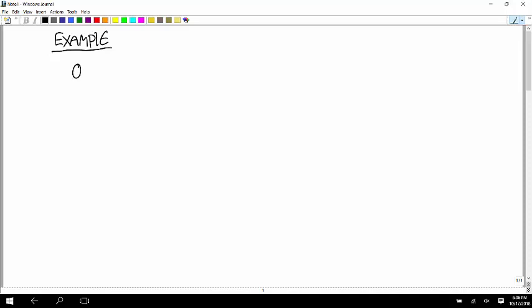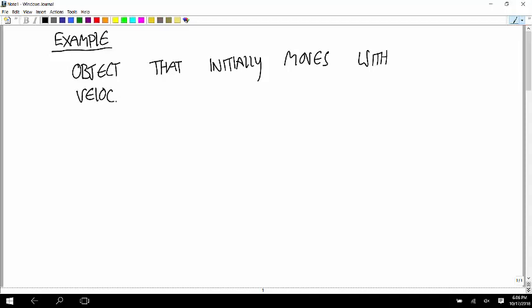Okay, so let's say that we have an object that initially moves with a velocity vector of 30, negative 10 meters per second.